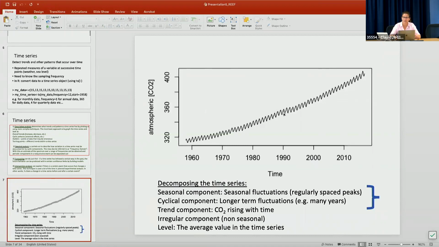But in a stationary time series, so one not like CO2, this trend is basically around the level the whole time. Now we've seen a lot of upward trends in sea level and CO2. We have downward trends just as much. If we think about biodiversity on the planet, we're seeing a really strong downward trend in that, unfortunately. We see that downward trends as well in time series. It's just not presented as often, unfortunately.